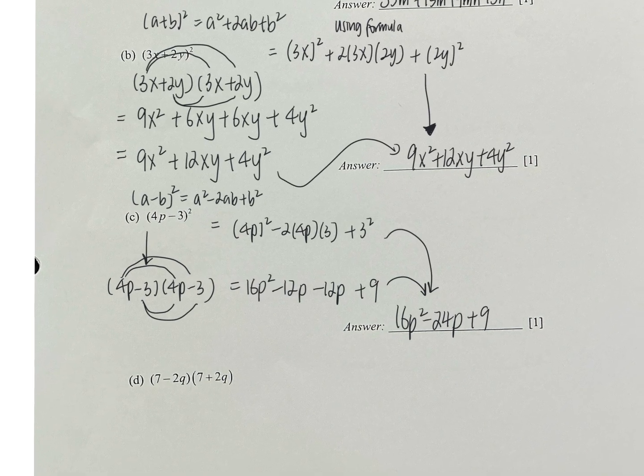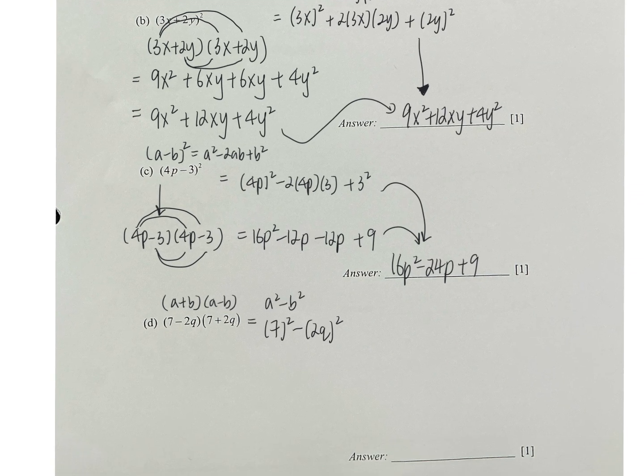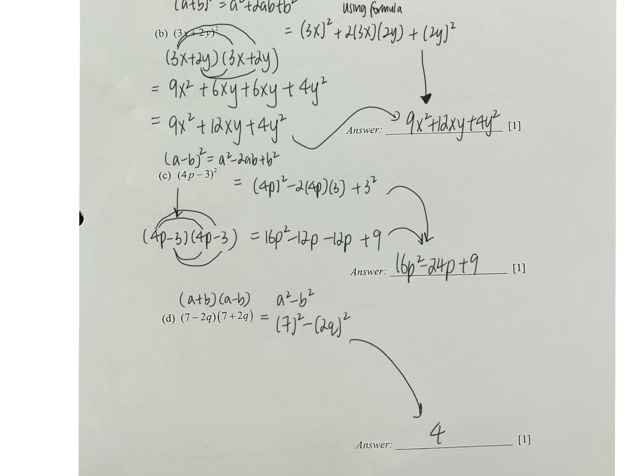Okay, check your answer, do correction. This one, if you can see, is a plus b, a minus b. So it should be a squared minus b squared. If you are using formula, your answer is 49 minus 4q squared.